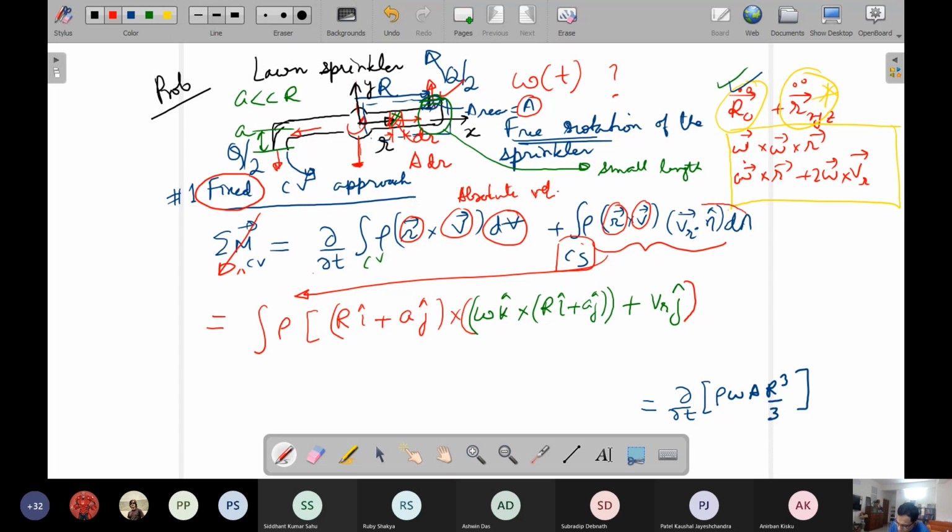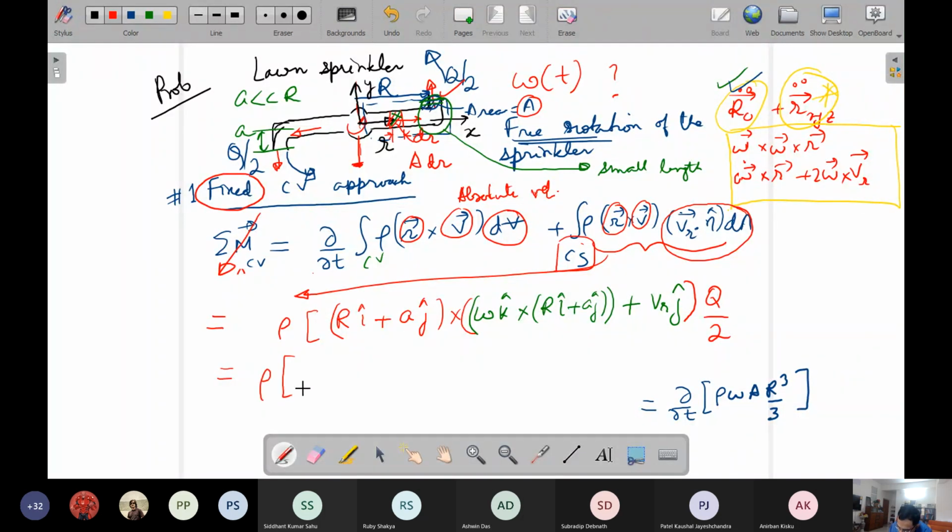So instead of doing this integral, the integral of the relative velocity into area, we can imagine that it is nothing but the volume flow rate, which in this case is simply Q by 2. So the integral is replaced by the effect of the integral, that is the volume flow. Now we will just do the cross product very meticulously.